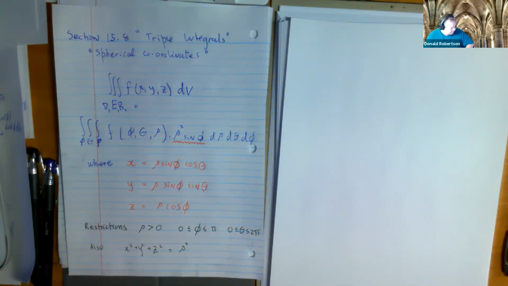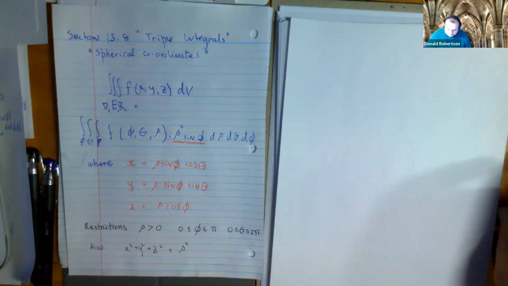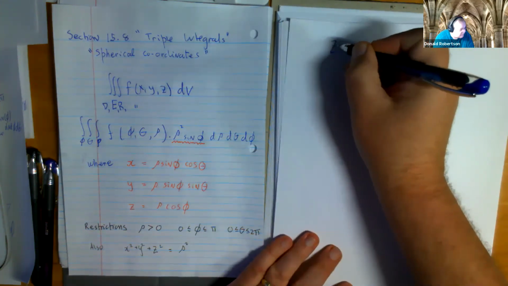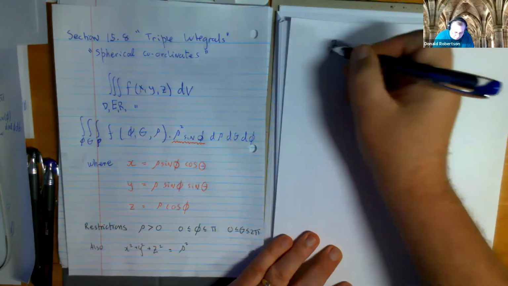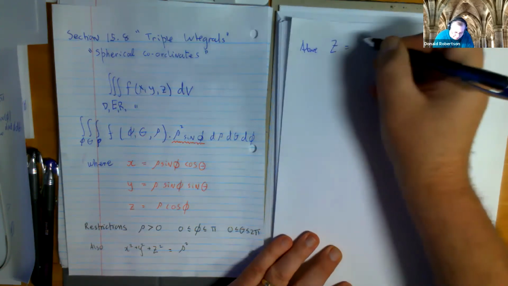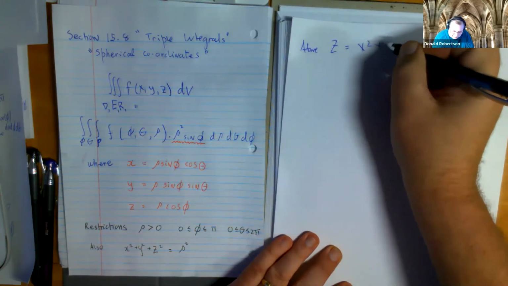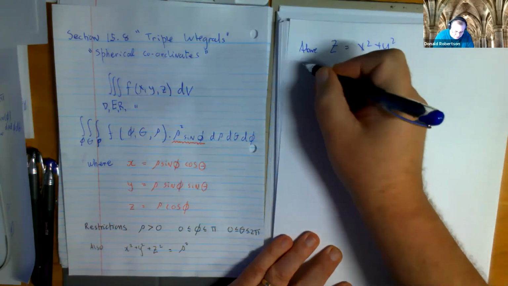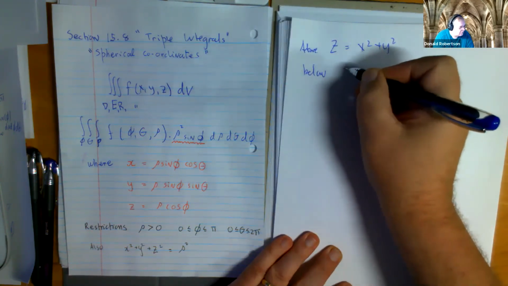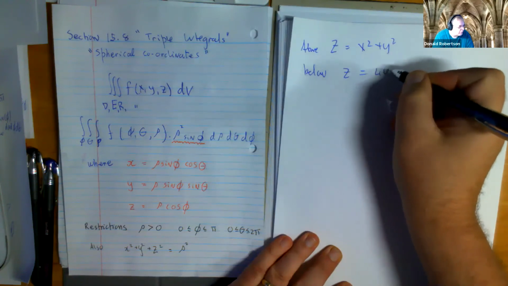All right, what have we got time? We've got a shape that lies above z equals x squared plus y squared, and it lies below z equals 4y.